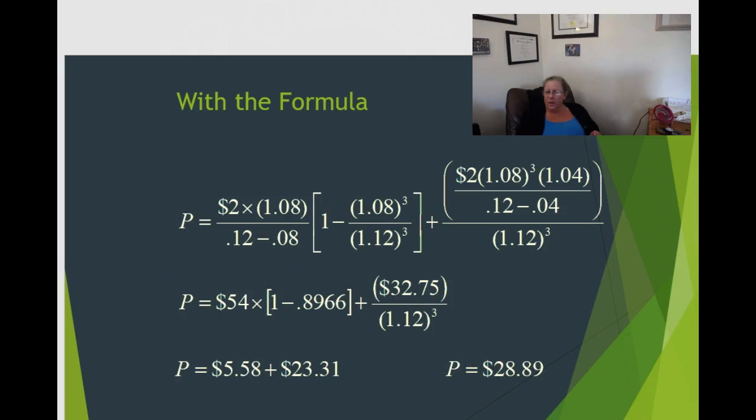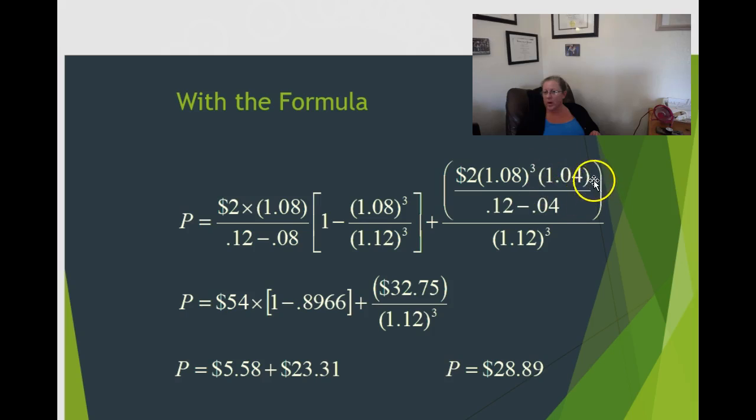Okay? So if you want to look at this formula for a minute, we're taking P is equal to 2 times 1.08, that's your growth rate, dividing that by 0.12 minus 0.08. Then we're going to multiply all of this times 1 minus 1.08 to the third power divided by 1.12, that's your market rate, to the third power, plus 2 times 1.08 to the third power times 1.04.